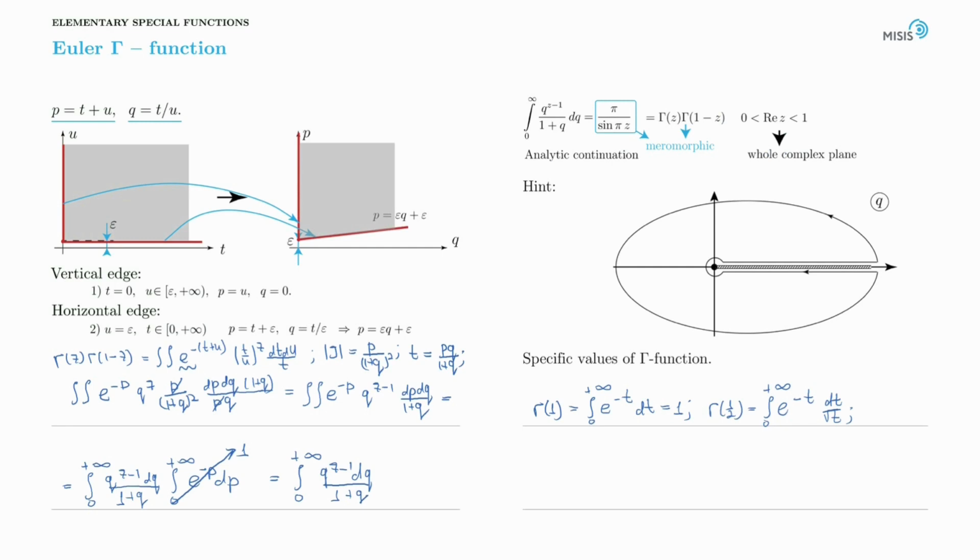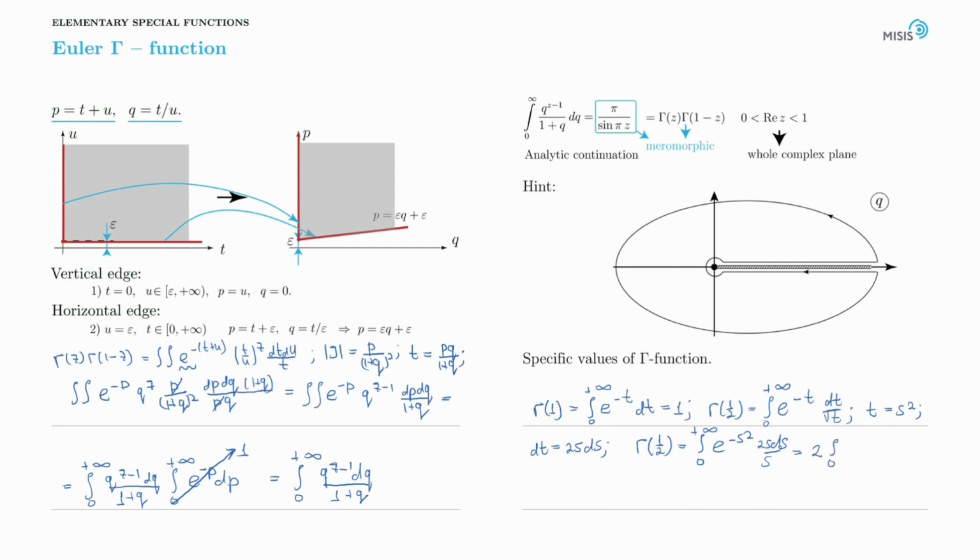And this integral can be taken by a simple change of variables. So let us make this change. t is equal to s squared. So dt is 2s ds, and as a result we have gamma of 1/2 equals the integral from 0 to plus infinity of e to minus s squared, 2s ds over s.